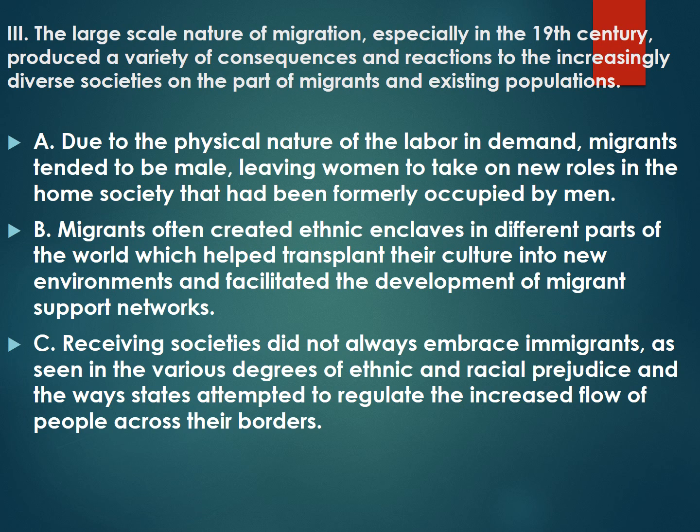And that's working itself through the migrant support network. And then finally we come to C, which is receiving societies did not always embrace immigrants, as seen in various degrees of ethnic and racial prejudice and the ways states attempt to regulate the increasing flow of people across their borders. That's the negative part, okay? So lots of reactions and results here. So let's go into these more in depth.